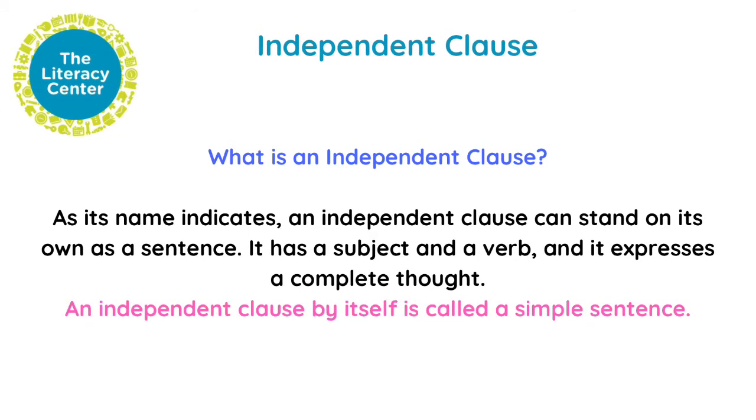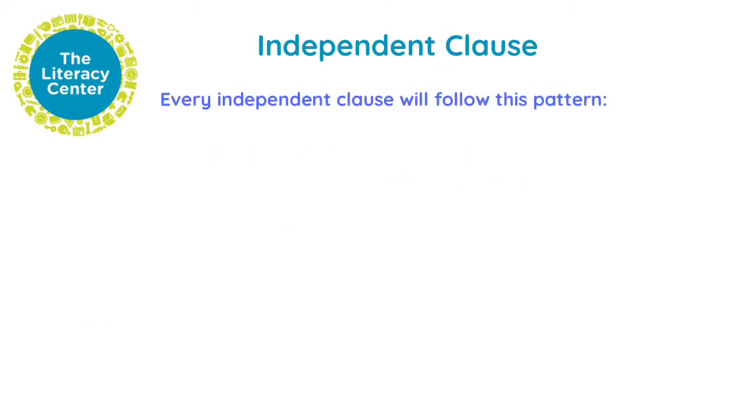In other words, we can say an independent clause by itself can be a simple sentence, or it is called a simple sentence because it contains a subject and a verb, right? Let's talk more about this. Every independent clause will follow a definite pattern like this: subject plus verb equals complete thought.